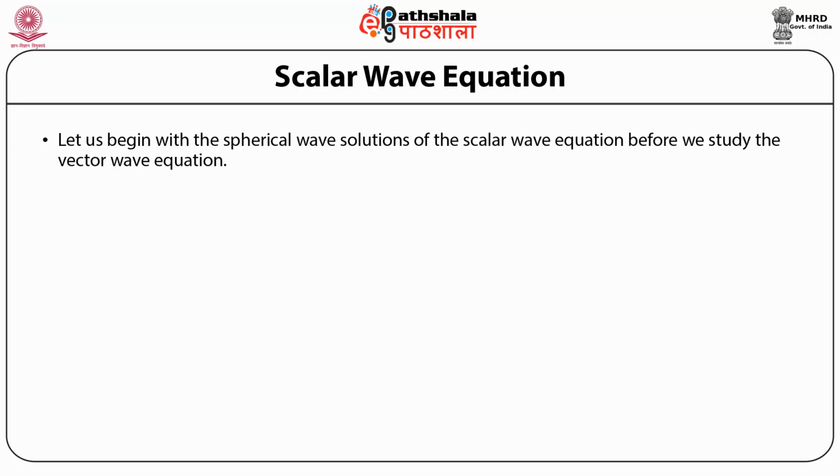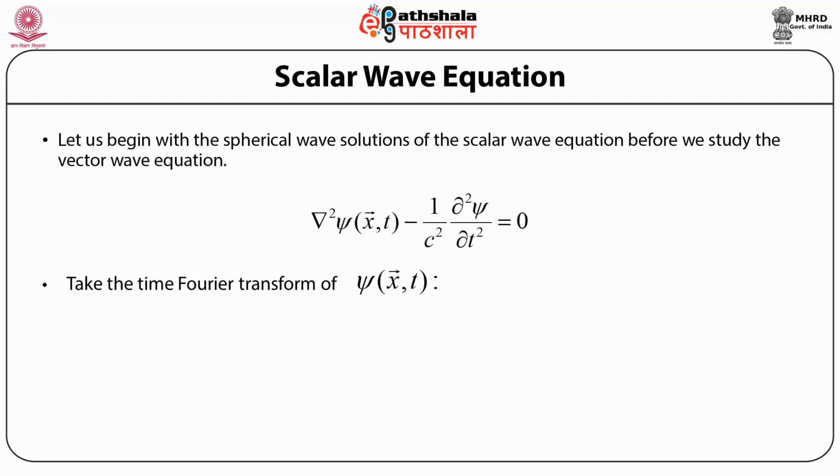Let the scalar field ξ(x,t) satisfy the homogeneous scalar wave equation, where ∇²ξ(x,t) minus 1 divided by c² ∂²ξ/∂t² equals 0. Now we try to solve this equation by using the Fourier transform method.